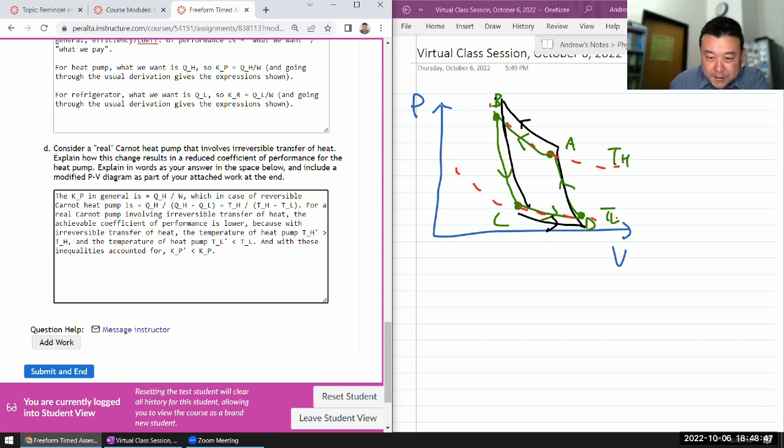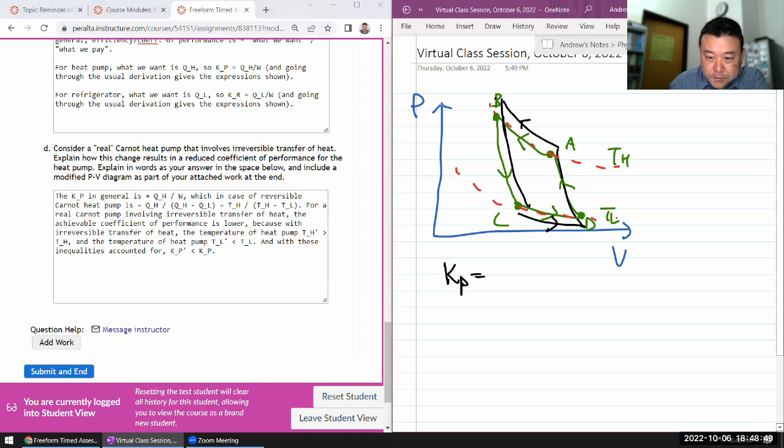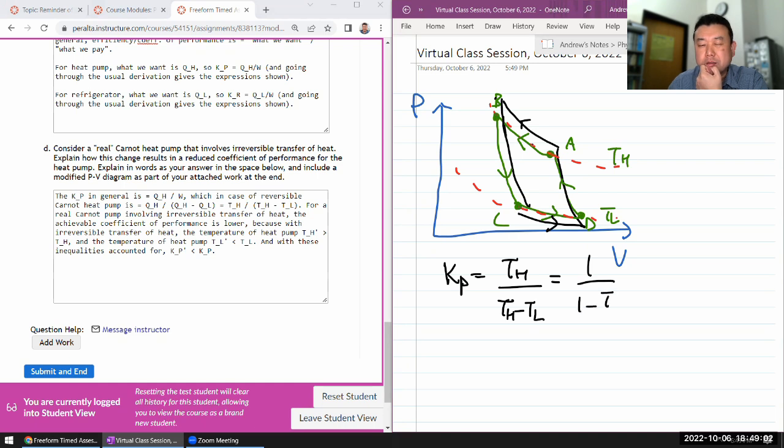Let's see. I have Kp is equal to Th over Th minus Tl. So I think it's easiest if I divide by Th, so that I have 1 over 1 minus TL divided by Th. So this is the expression I have for the ideal Carnot heat pump.